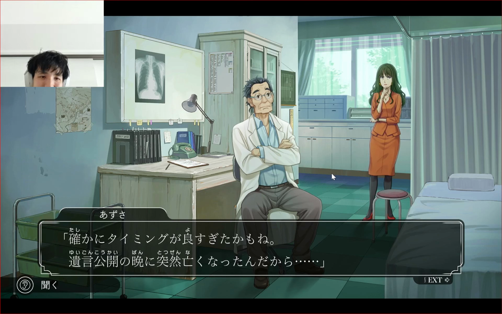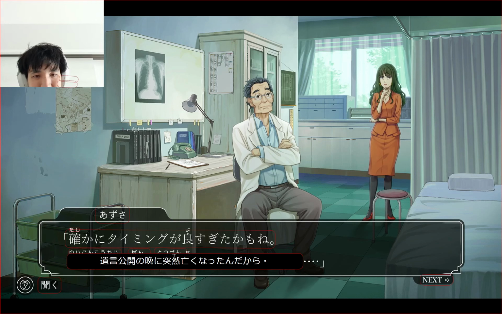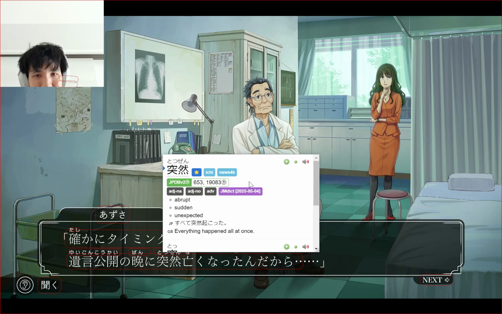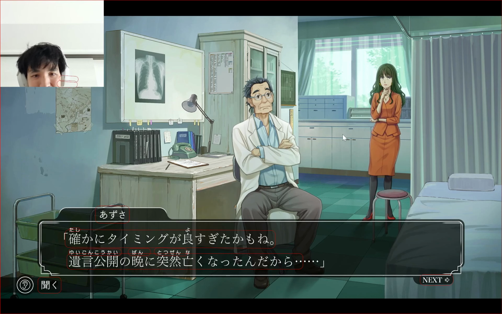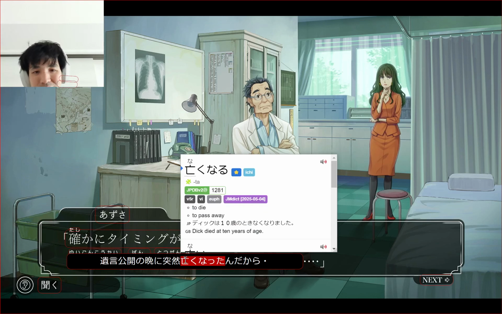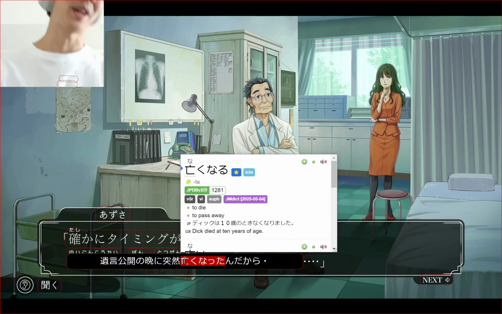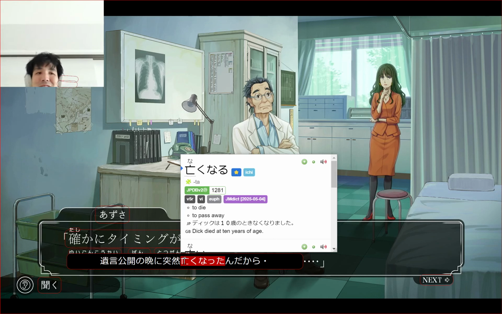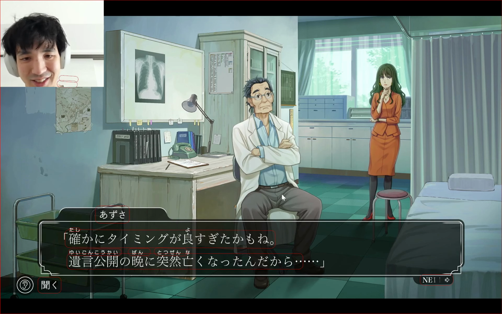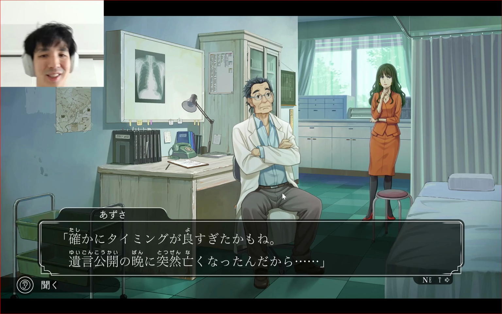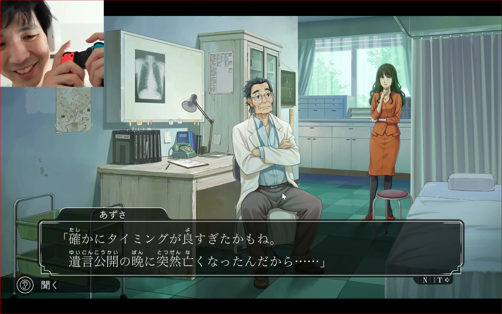遺言公開の晩に突然亡くなった, suddenly died. See, she doesn't use the passive form when talking about this old lady. She's not speaking politely about the dead person. 亡くなった, she just died, so directly. 亡くなったんだから, because she died.